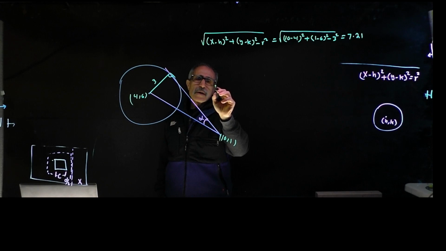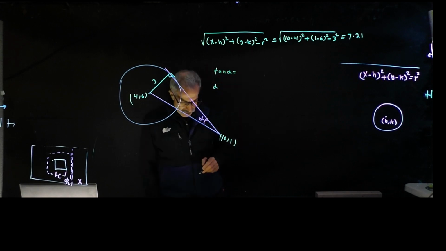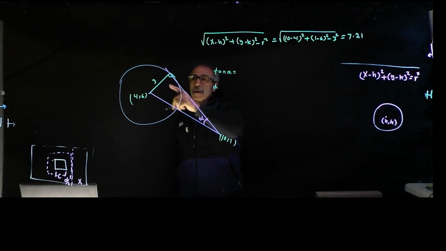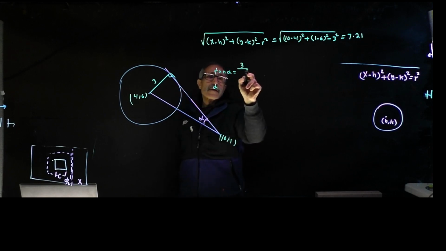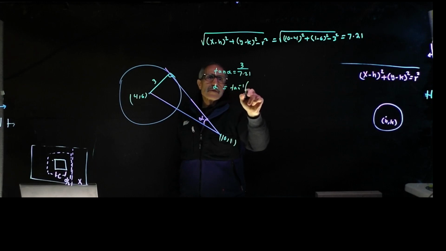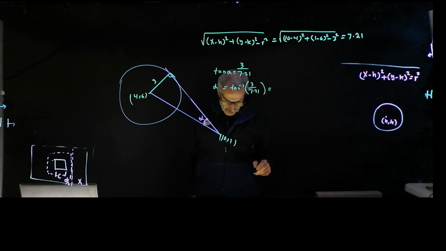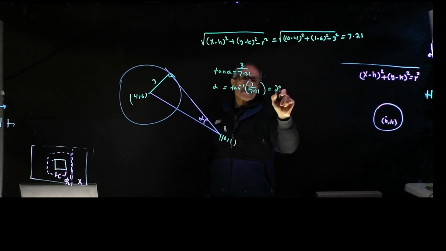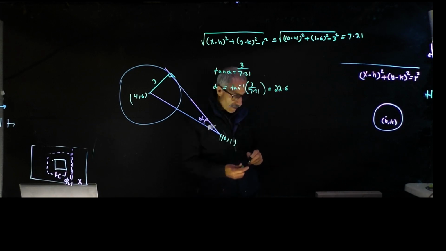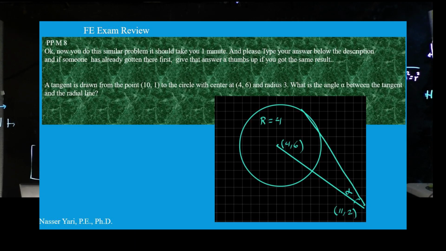So let me just say tangent alpha, in this case, is going to be 3 divided by 7.21, where alpha is equal to tangent inverse of 3 divided by 7.21. And that should give us 22.6. Okay, you do the next one.